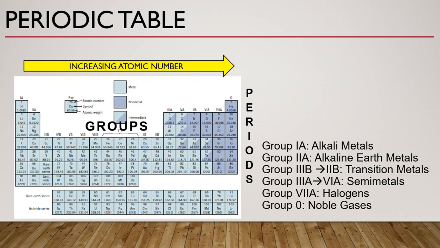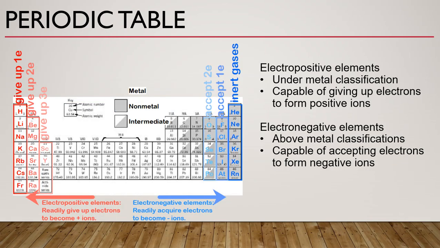Furthermore, most of the elements come under metal classification. So, lahat ng nasa metal classification are sometimes referred to as electropositive elements, indicating that they are capable of giving up their electrons to become positively charged ions.